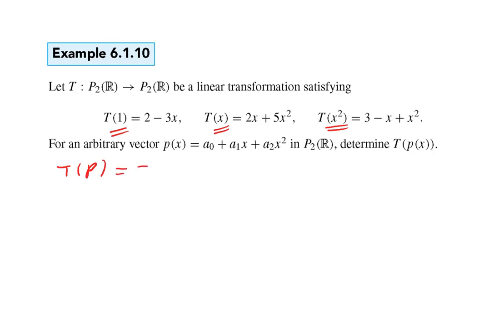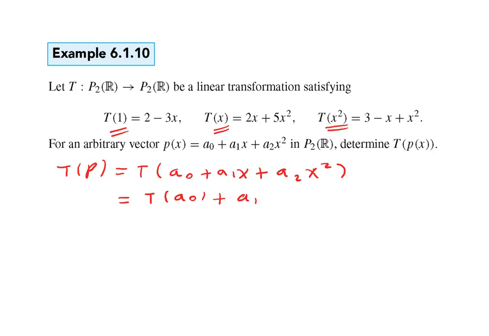Well, that's going to be T of the form a sub 0 plus a sub 1 x plus a sub 2 x to the second. Applying the theorem that talks about both properties in one, we're going to go T of a sub 0 plus T of a sub 1 x, but I'm going to pull the a1 out.